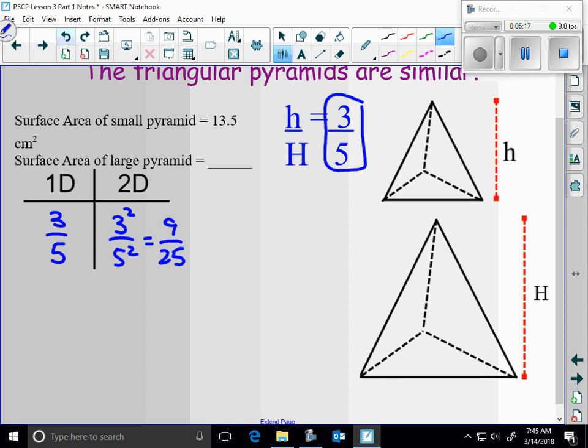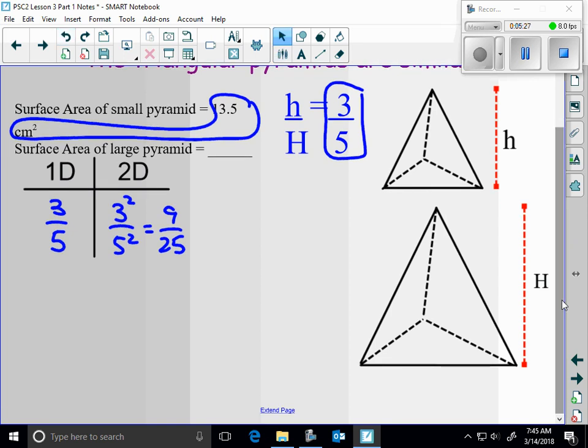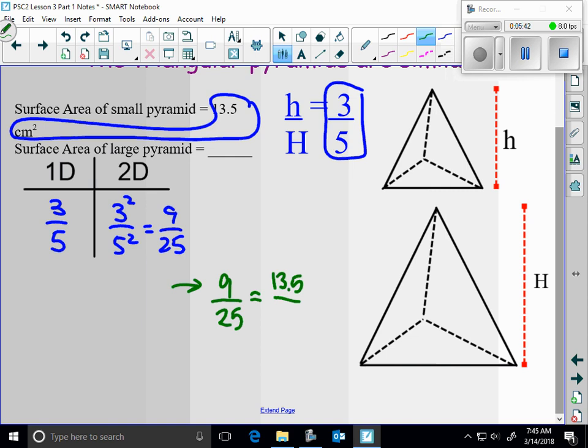Okay, now I know that the surface area of the smaller pyramid is 13.5. Now, what I'm going to do is take the ratio of the areas, which I said was 9/25. And if I know the surface area of the smaller pyramid, I'm going to look at the smaller portion of this ratio, and I'm going to put that area right here. That means I'm going to find the surface area of the larger pyramid right here. Let's call that x.